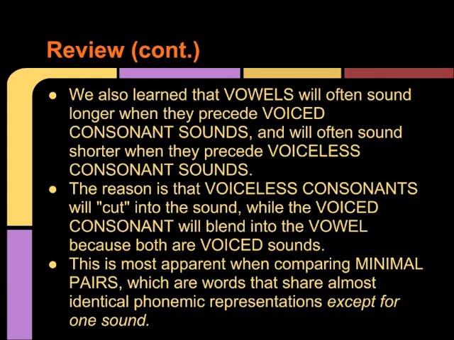We also learned that vowels will often sound longer when they precede voiced consonant sounds, and will often sound shorter when they precede voiceless consonant sounds. The reason is that voiceless consonants will cut into the sound, while the voiced consonant will blend into the vowel because both are voiced sounds. This is most apparent when comparing minimal pairs, which are words that share almost identical phonemic representations except for one sound.